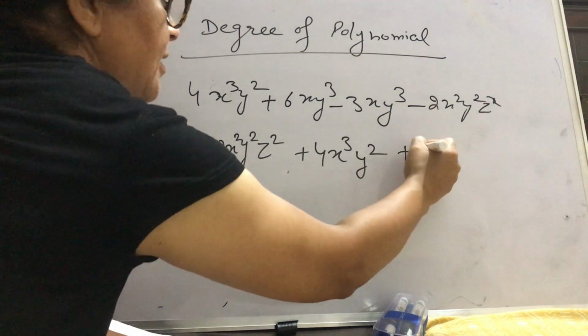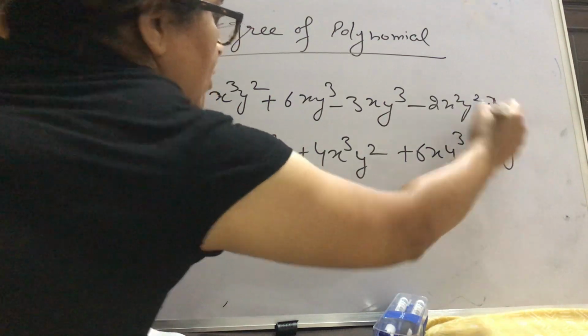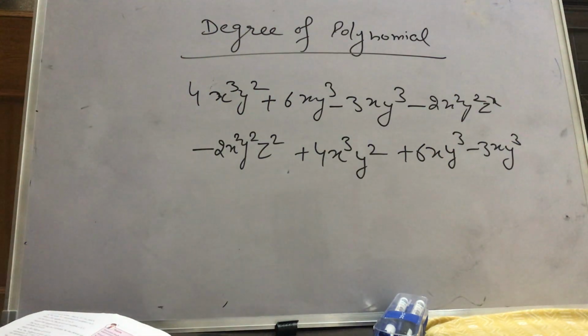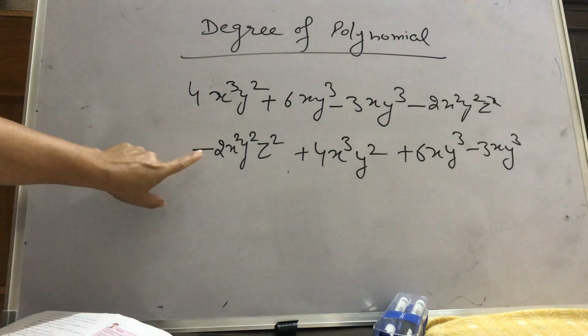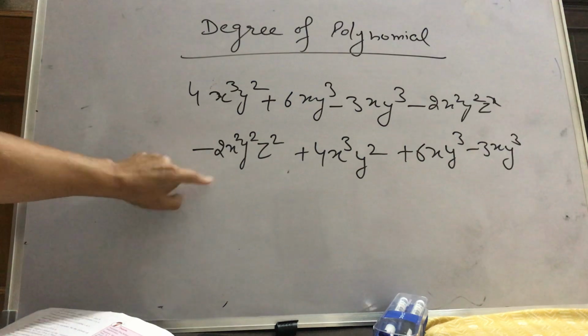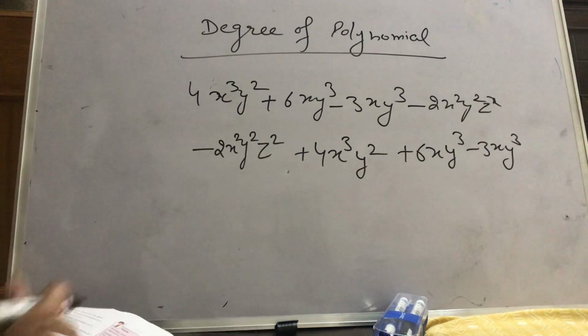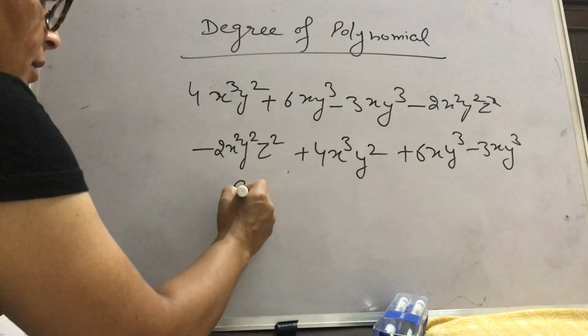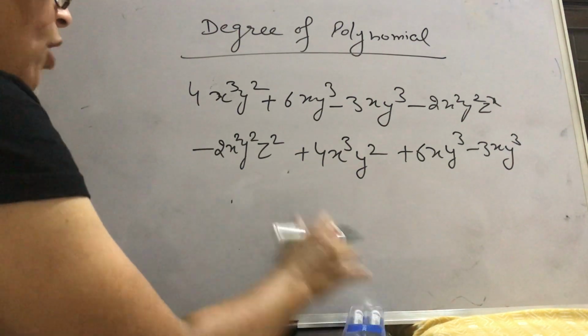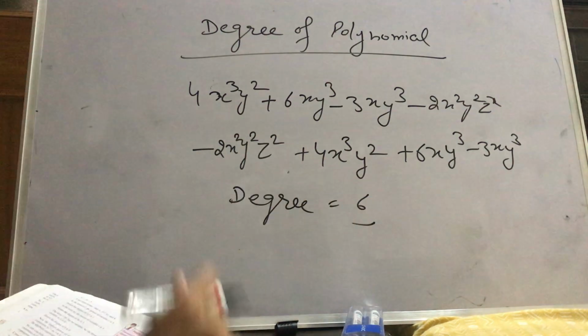That is plus 6xy cube minus 3xy cube. The polynomial in the descending order will be written like this. Now we can say that the degree of this expression will be 6, the highest degree.